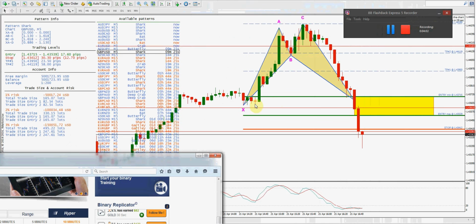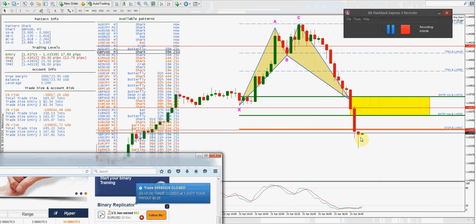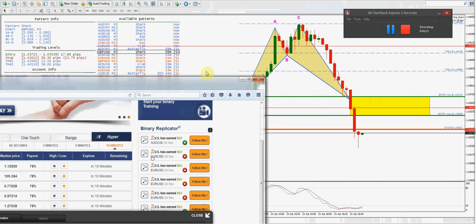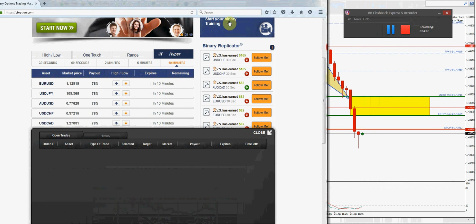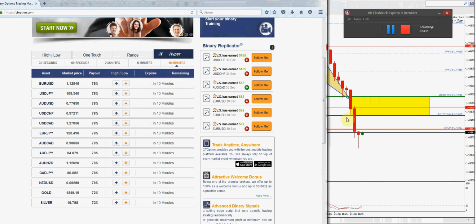I mean, the market just busted right through this level and continued to shoot down. This is a pretty interesting market today. All right, we'll go ahead and pause it, and we'll try to find a second setup here.